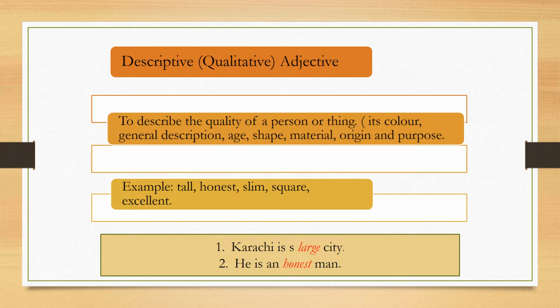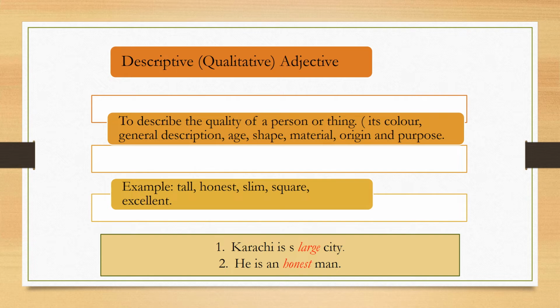It is used to describe the quality of a person or thing, like its color, general description, age, shape, material, origin, and purpose. For example, tall, honest, slim, square, excellent. If you look at its example, Karachi is a large city.